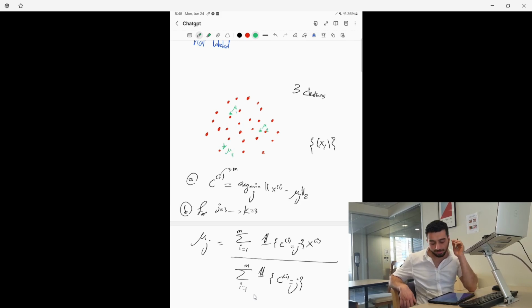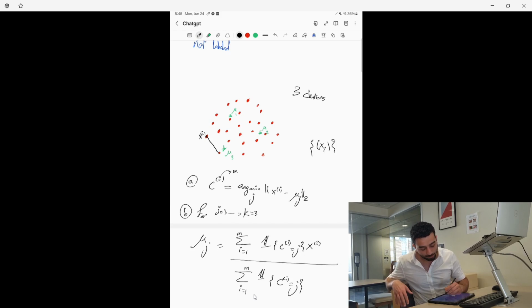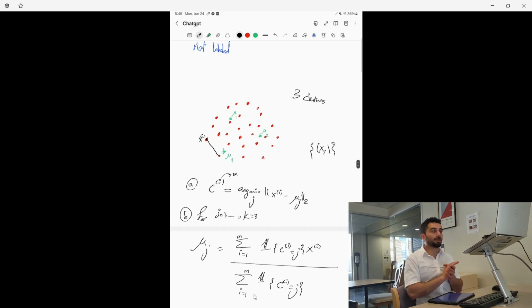Then it says for each data point xi, ci is the argmin over j of xi minus mu j. So ci is the closest centroid to our data point. So for example, for this data point the closest is mu3. Which makes sense, right?